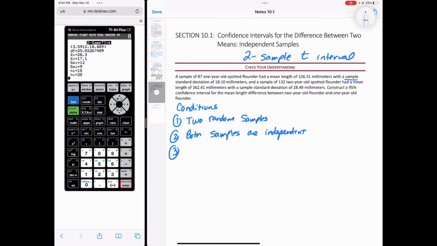They didn't say they tagged the flounder when it was a year old and then let it grow and measured it again at 2. They didn't pair them. They're 2 independent samples. In both samples, the sizes are large. N's greater than 30. So CLT tells us that the normal condition is met.